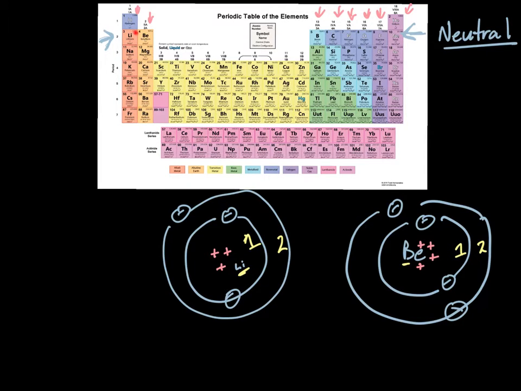So as we go from 1 to 2 to 3, from 1 to 2, we fill in the first energy level. And when we go to 3, we have 1, 2, 3. We're filling in which level? The second energy level. And it happens to be the second period that we're doing that. So we have lithium, beryllium, boron, carbon, nitrogen, oxygen, fluorine, and finally neon.